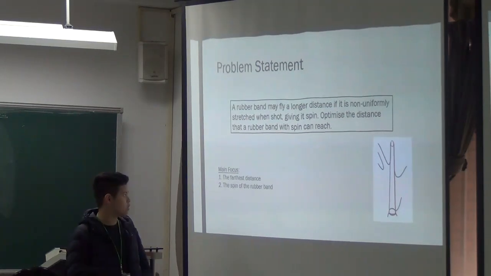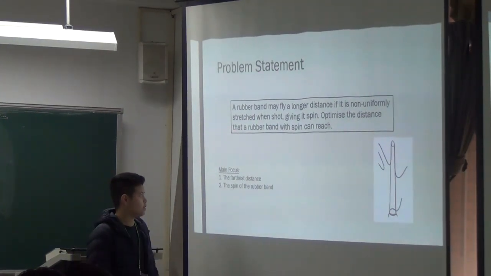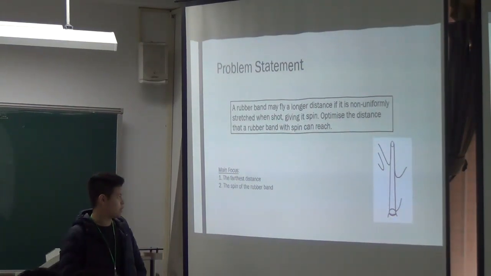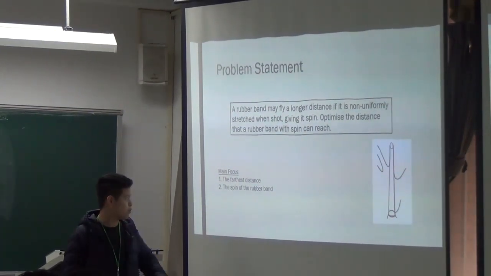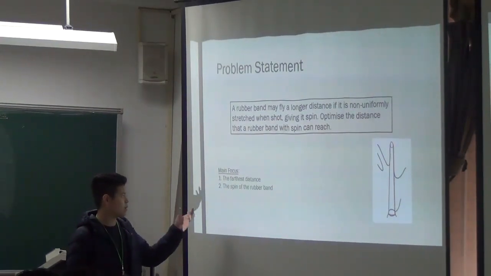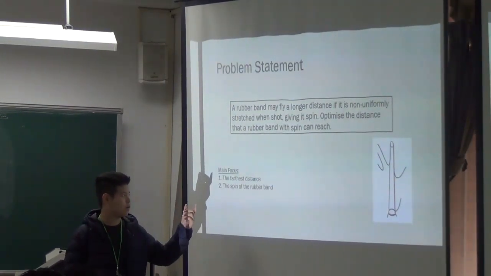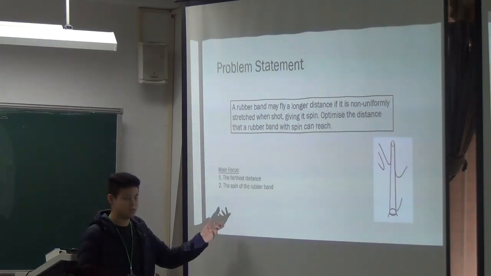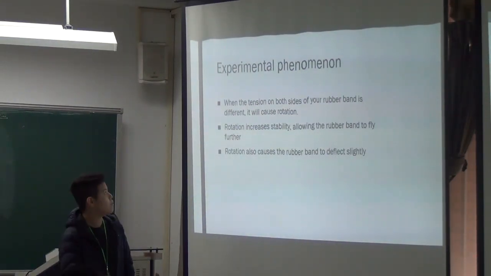Our main focus is to find the farthest distance, and we're going to discuss the spin of the rubber band. What causes the spin, and how does the spin work?